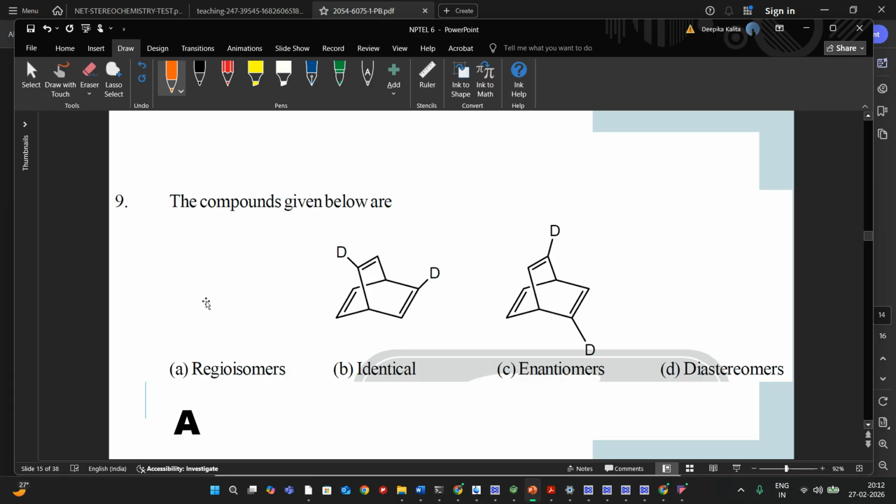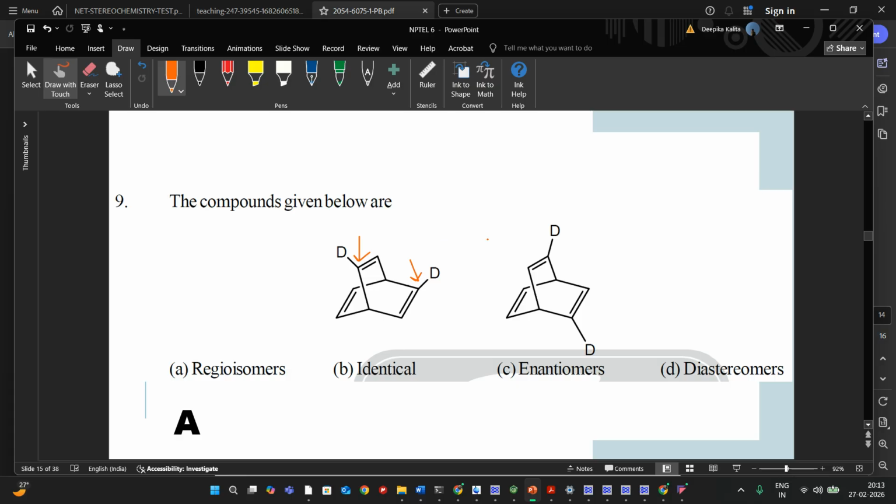Again, the compounds given below are regioisomers, identical, enantiomers, or diastereomers. So, if we look at the presence of the deuterium substituents, one of these is present at this carbon atom and the other is present at this carbon atom.